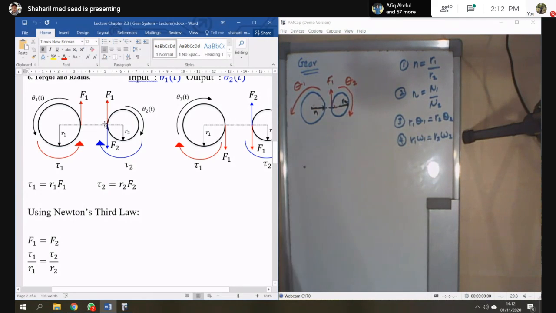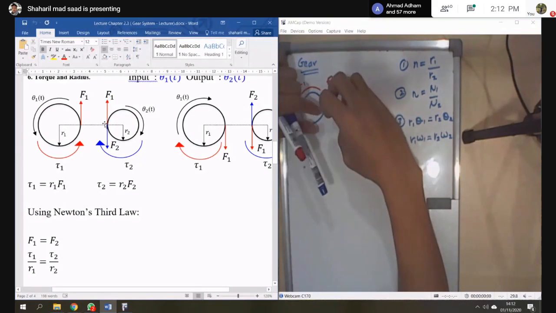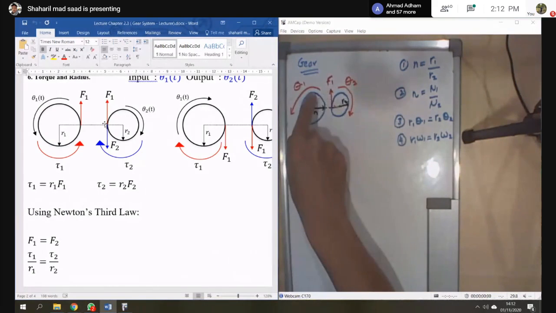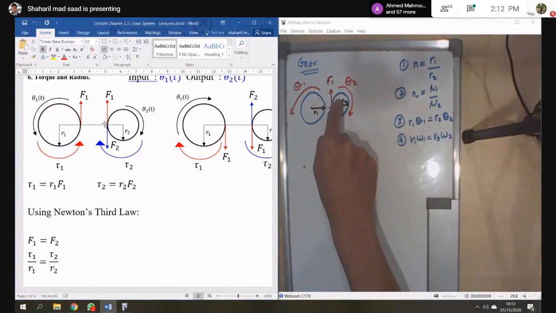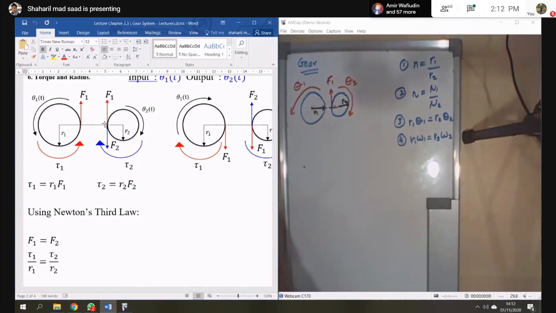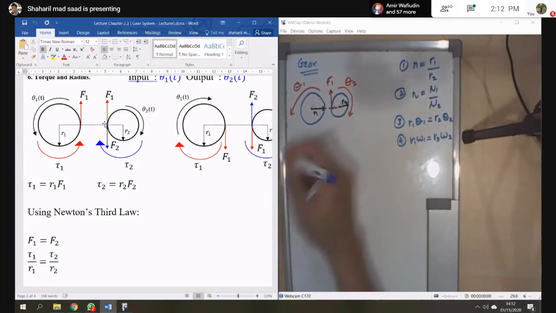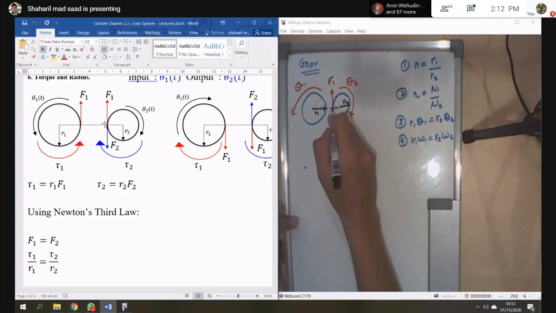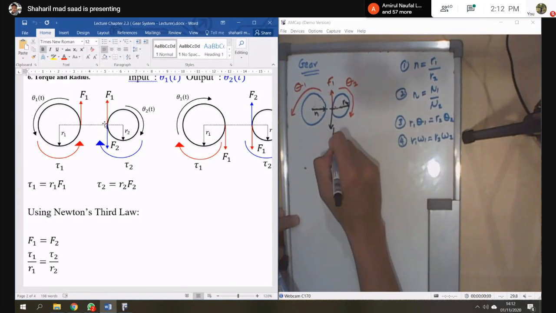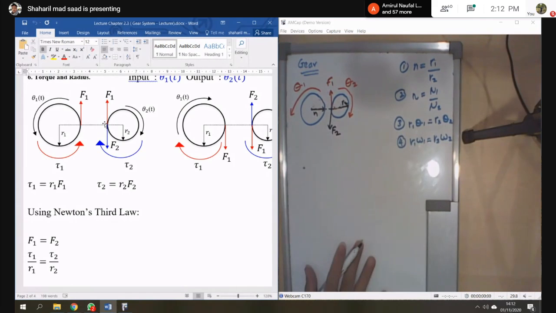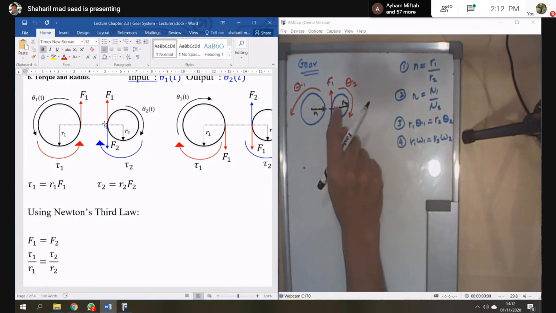All right, and so when gear 1 applies force F1 to the second gear, gear 2 tries to force it back, tries to fight it back. So now you will have the force F2 here. Okay. Is it clear?